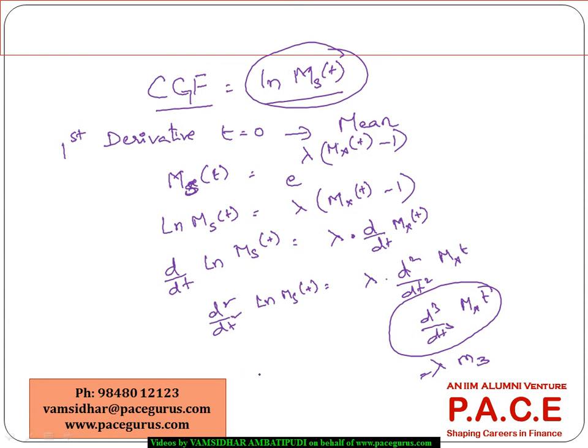And the coefficient of skewness, I can directly take as the third central moment divided by the variance to the power 3 by 2, where variance is lambda M2. So this is how we are able to compute the skewness, the mean, the variance, and even the moment generating function, if our number of claims is following a Poisson distribution. And here it comes out that S is positively skewed, because M3 is the third moment above 0.